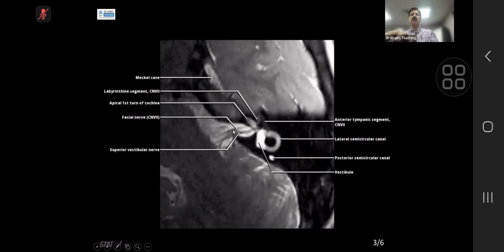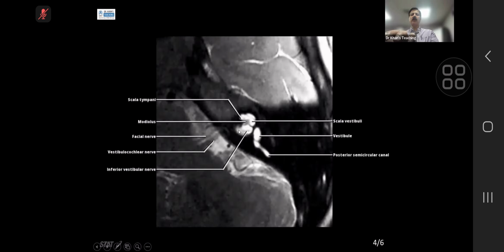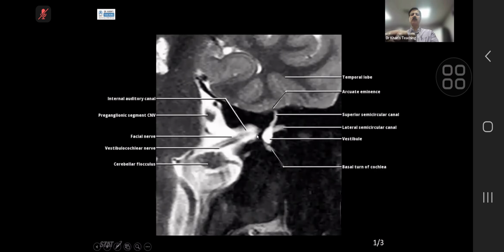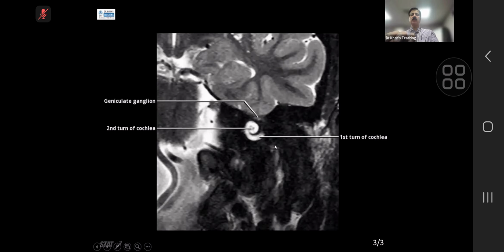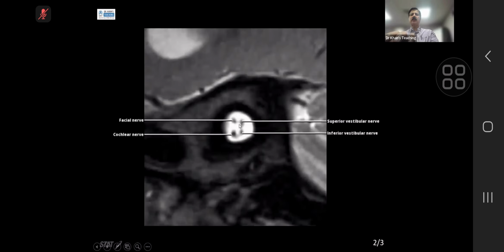And you can see the nerves going here, the cochlear nerve and the vestibular nerve, as we already know. This is the coronal section where you can see the superior semicircular canal, the lateral semicircular canal, and the vestibule. So, this is the cochlea, and this is the sagittal sequence, which is an exam sequence, as I have told you.